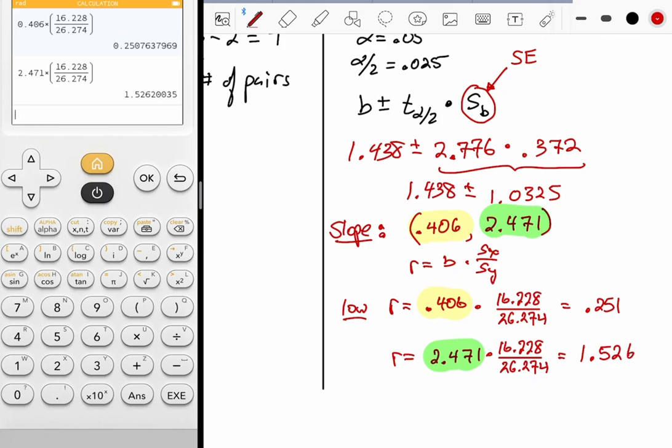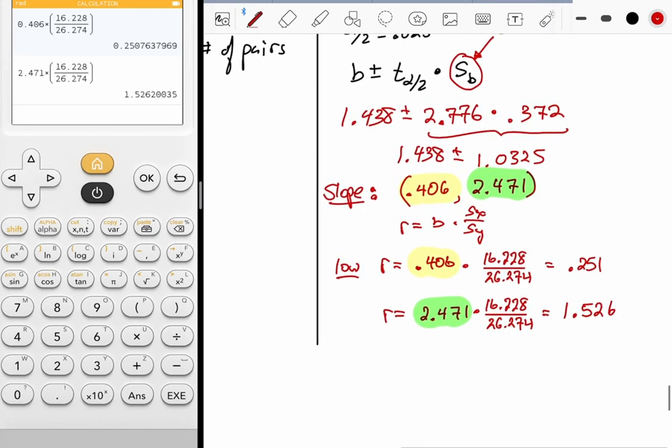so we still get an upper bound that's bigger than 1, but when we're talking about correlation, it could never be bigger than 1. So you could actually cap it off at 1. But what this is saying is that with 95% confidence, we could expect the correlation coefficient to be between 0.251 and 1.526.